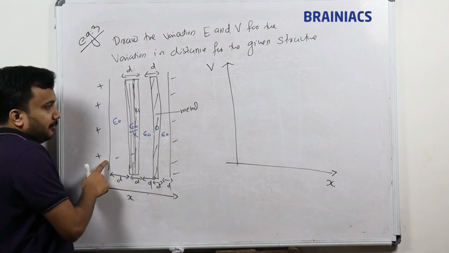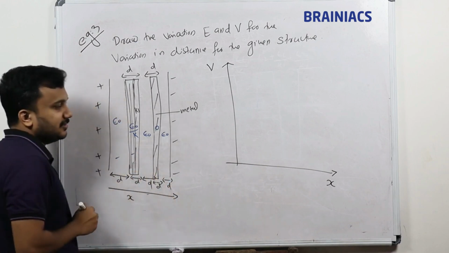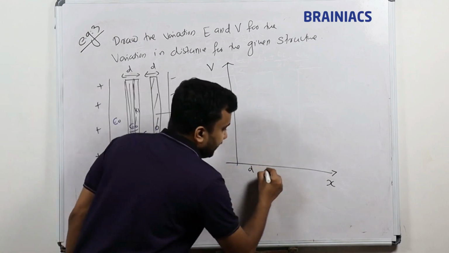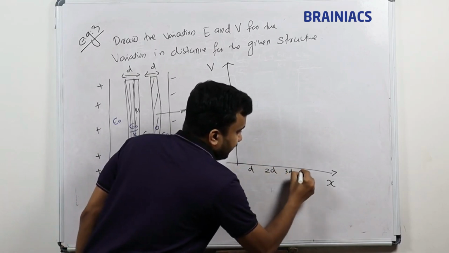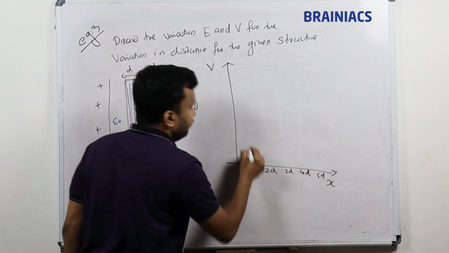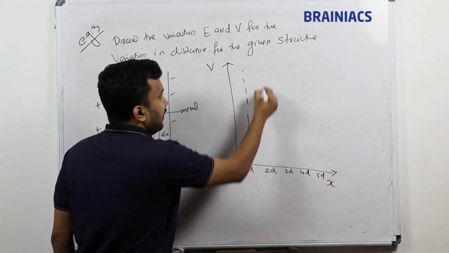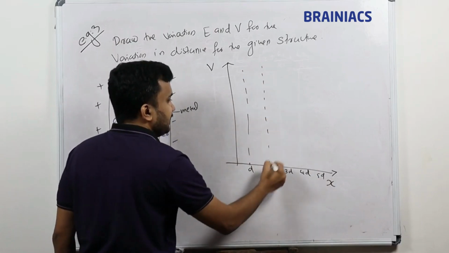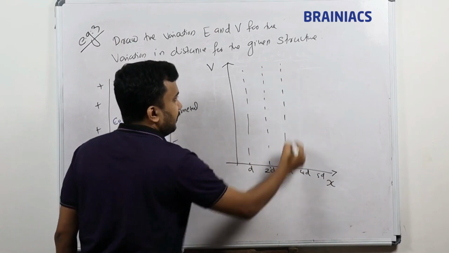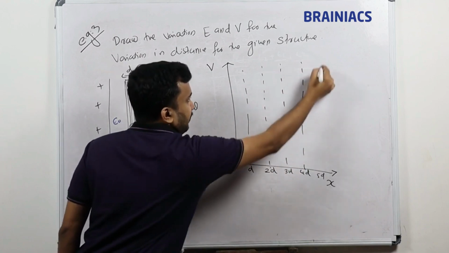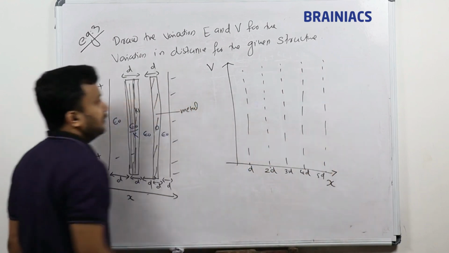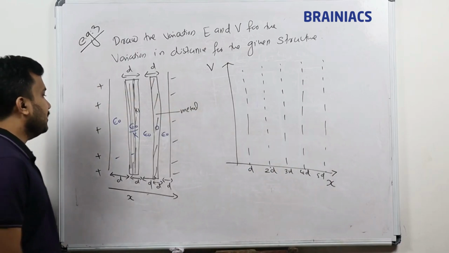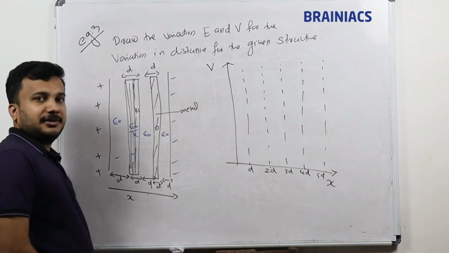So of course we know from here, if you are going to here, potential is reducing. So I am marking the points D, 2D, 3D, 4D and 5D. I am just marking the lines for simplicity, so that it will be easy to know where 4D is and the last one is 5D, like this. Okay. So here electric field is E0.